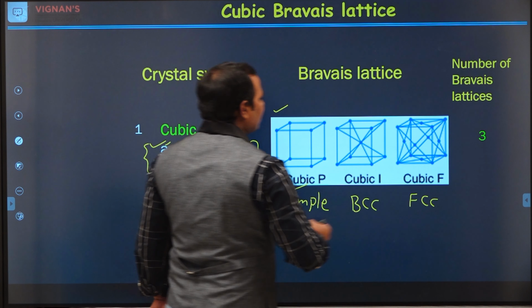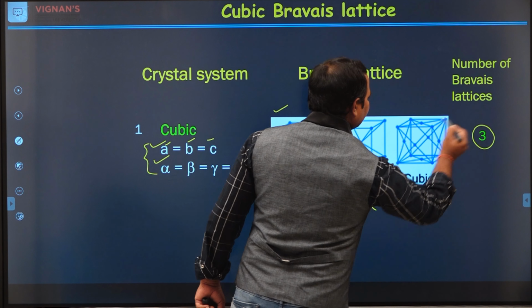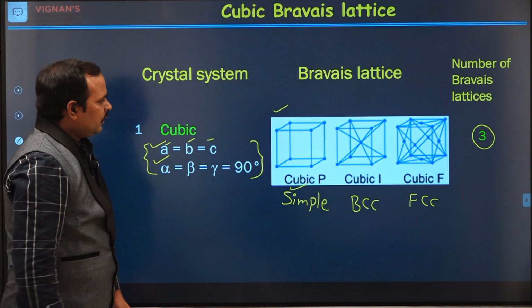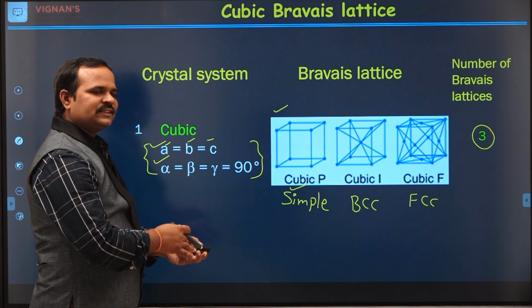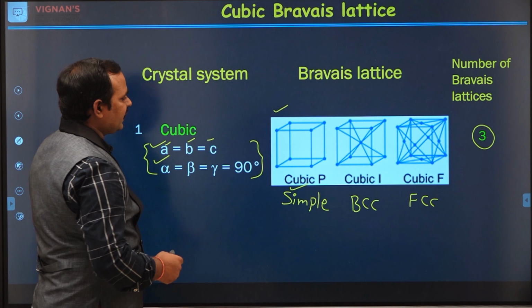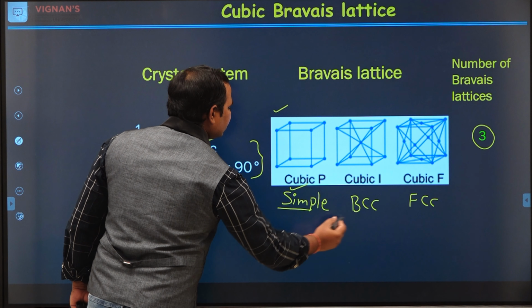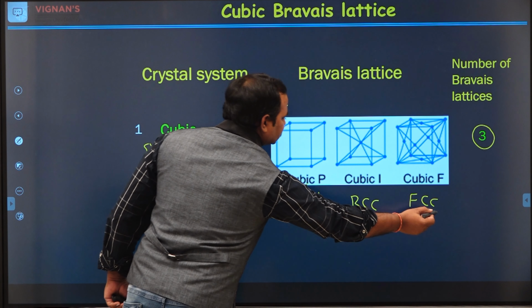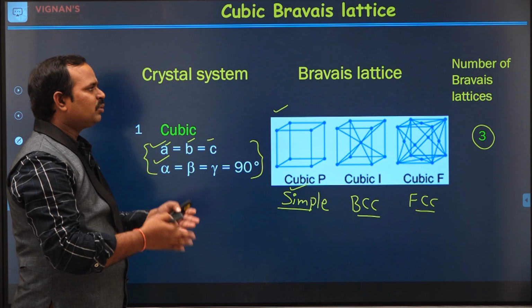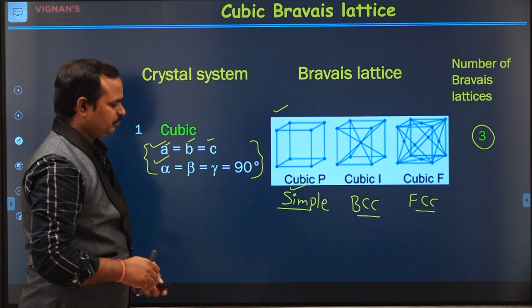So the number of Bravais lattices for a cubic crystal is only 3. In this class and the subsequent classes, we will study various other parameters for simple cubic, BCC, and FCC. We'll study the parameters of all these three.